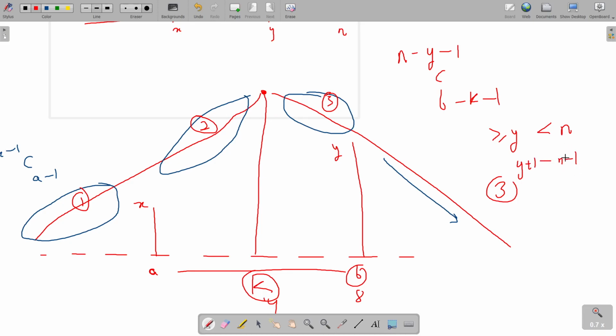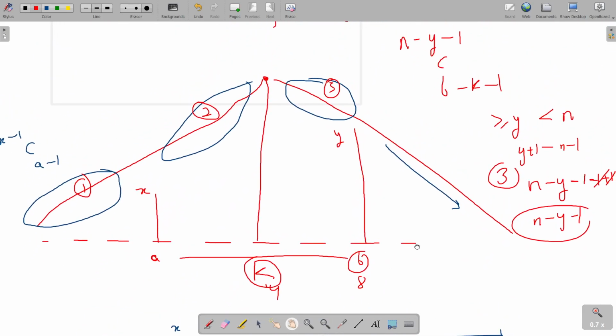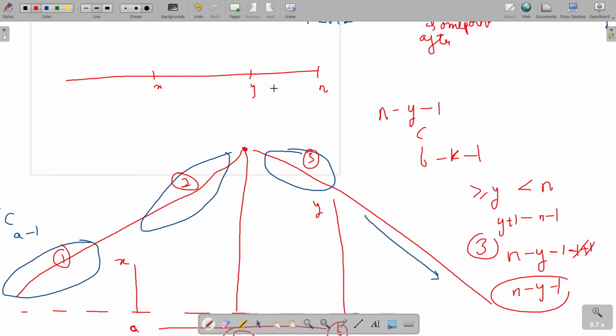And this is equal to n minus y minus 1 minus 1 plus 1. Yeah, so it is going to be n minus y minus 1 only. So the answer to this range is going to be n minus y minus 1.